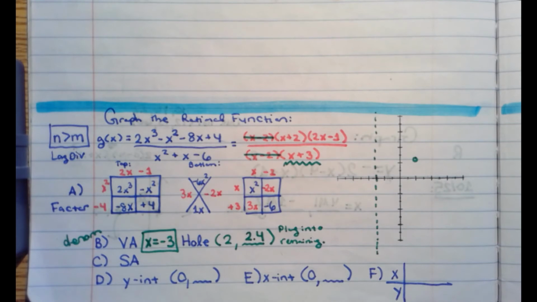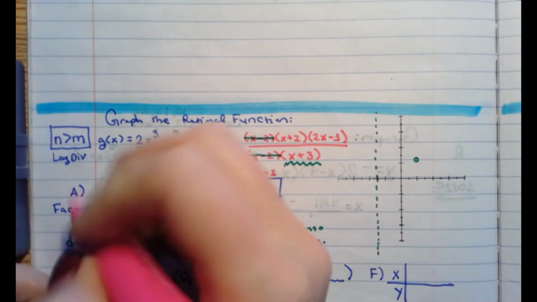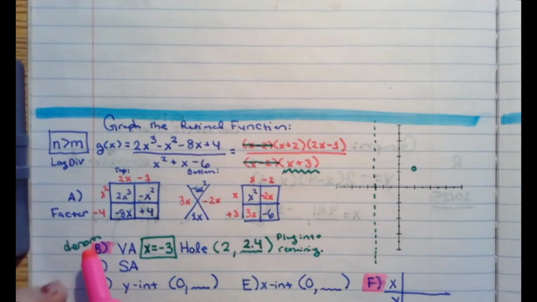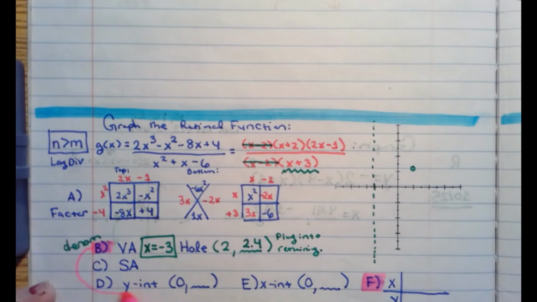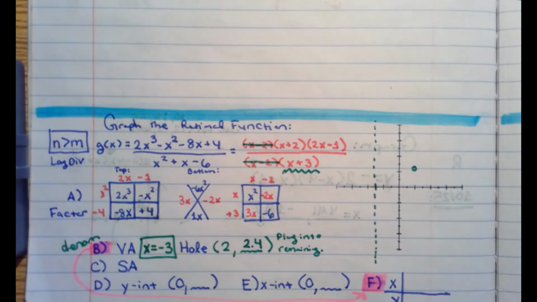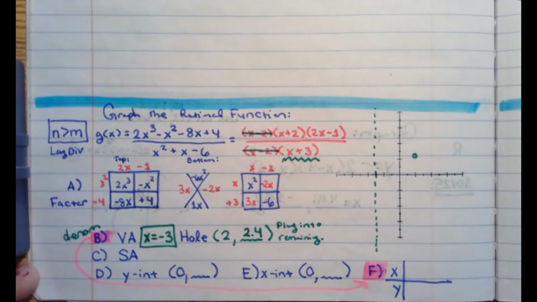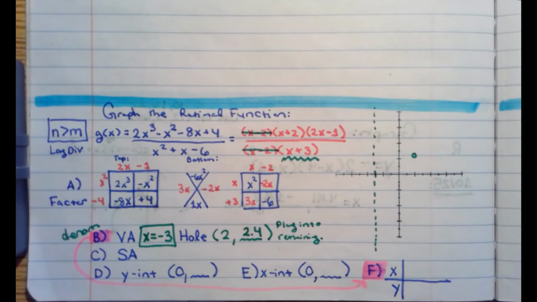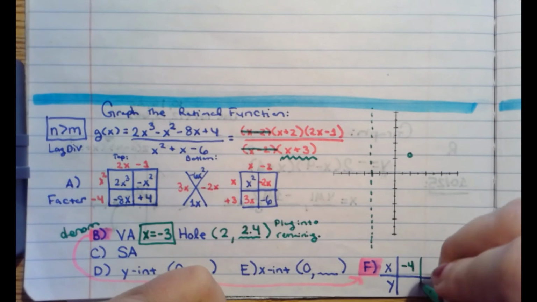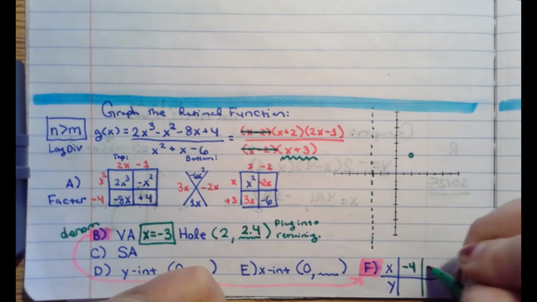And the one thing I'm noticing that we're still struggling with is what numbers to plug into our table at the end. So I'm actually going to connect these two right here. They are connected. Because what I would like for you to start doing is going, okay, I have a vertical asymptote, and if I got -3, I'm going to plug in -4 and -2.